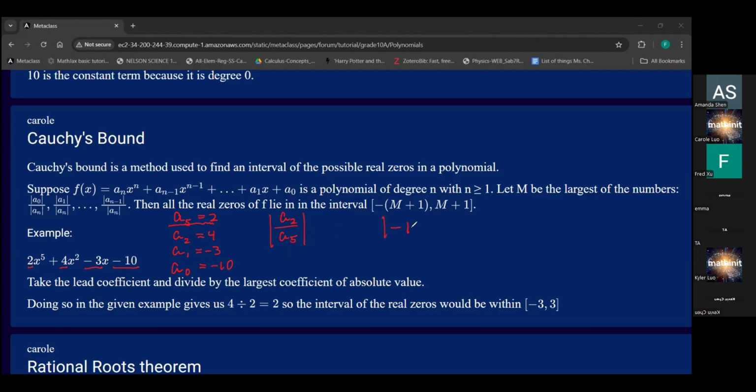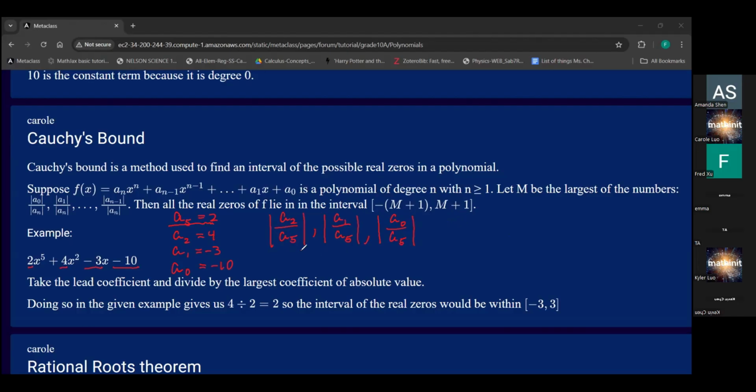So the absolute value of -10 is 10, and the absolute value of +10 is still 10. Okay, that's all what the absolute value is. And so the next one would be a of 1 over a of 5. And the third one is a of 0 over a of 5.